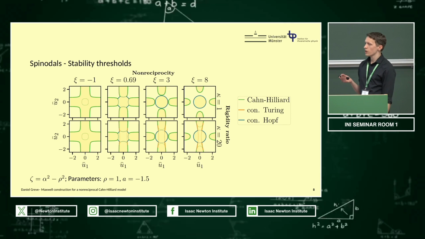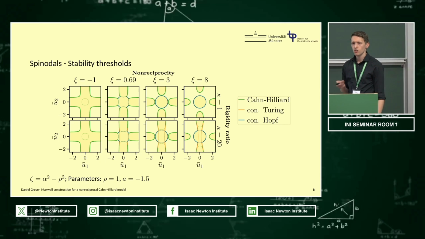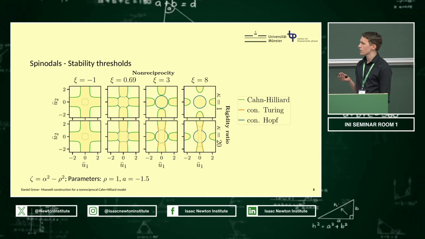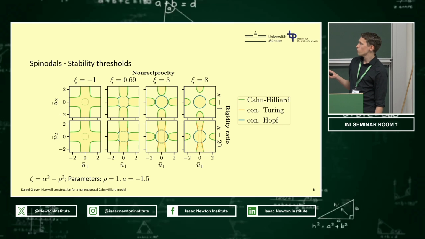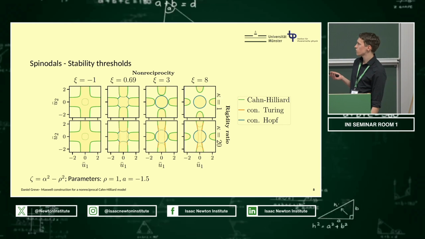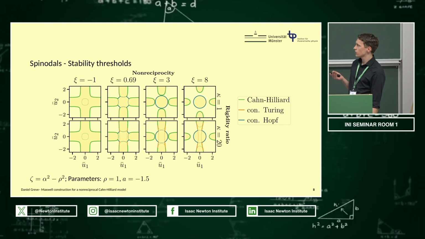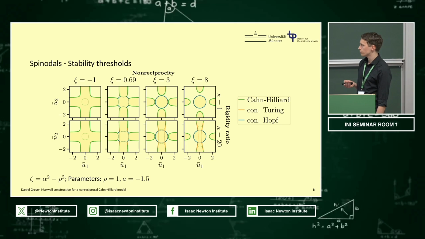What you can see is, on the one hand, that we get this kernel of oscillatory instability in the center. So in the center, the nonlinearities are not important, but really it's the non-reciprocal coupling which is important. And therefore there you get this blue circle. And on the other hand, if you put kappa equal to 20 or something unequal to 1, you get these Turing instability stripes that you can also have in this model. So once you go to non-reciprocity dominating, you can have three different instabilities.